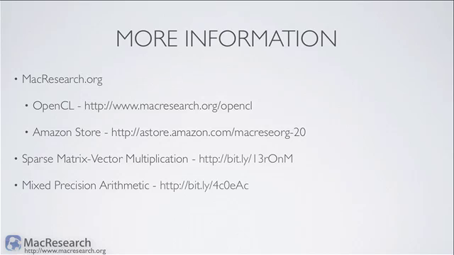The other thing I forgot to point out earlier is that there was this great paper put out at the end of December by Nathan Bell and one or two other people from NVIDIA on sparse matrix vector multiplication on GPUs. So if this is something that you're interested in, they talk about the different storage formats, the different optimizations, single versus double precision. Very, very well written, very well done. I encourage you to check that out.